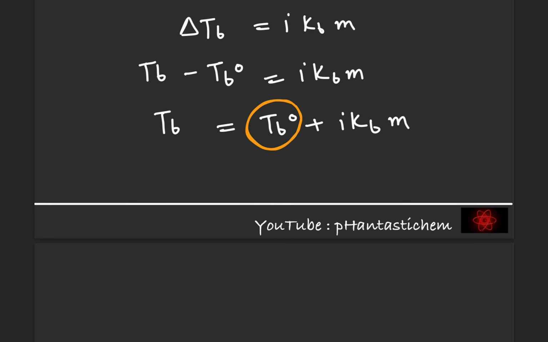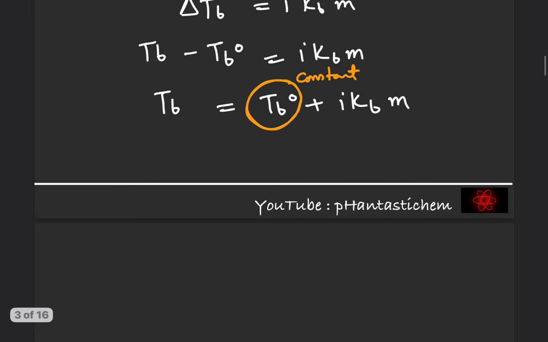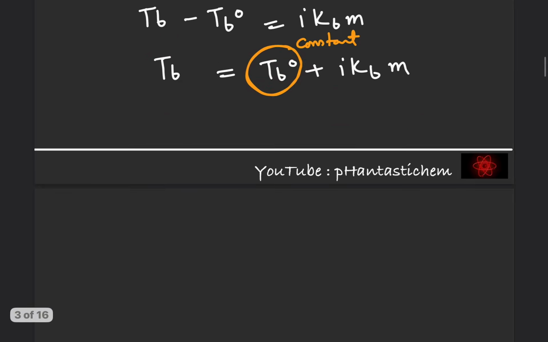It is a constant for all 4 cases, because in all 4 cases the solvent that we are using is water, right? So therefore, we can say that TB actually depends upon i, Kb, and m, because this is constant for all of them. Okay. So I can say that TB is directly proportional to i into Kb into m.